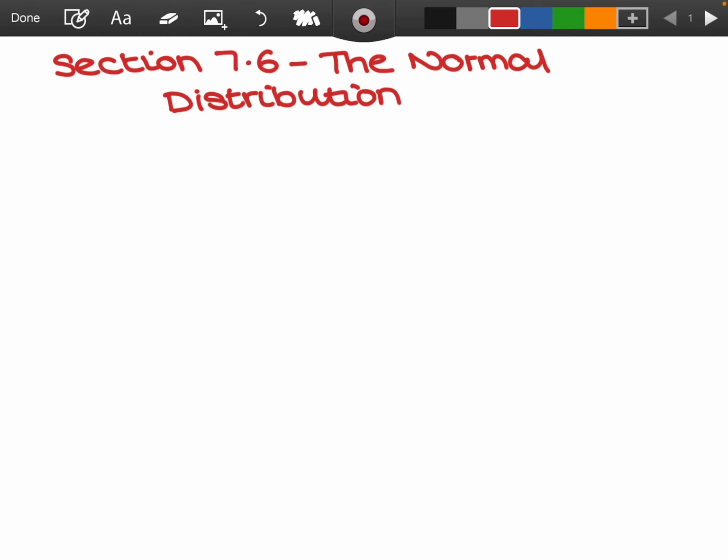Then we're going to look at what I was talking about last time, where we've done everything in terms of the standard normal distribution so far. I want to look at, okay, what happens if we don't necessarily have a mean of 0 and a standard deviation of 1? How can we convert between that normal distribution and the standard normal distribution? Because like I said, everything used to be done in terms of the standard normal distribution.